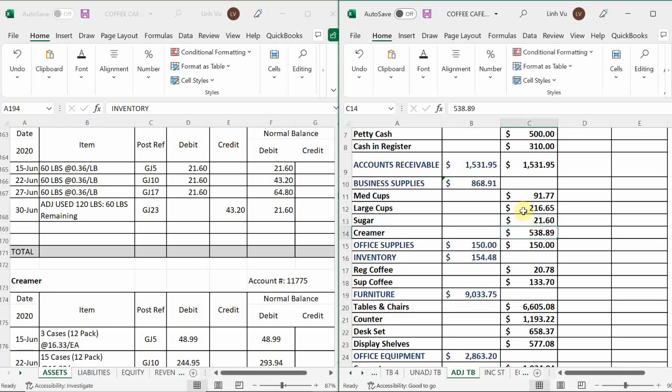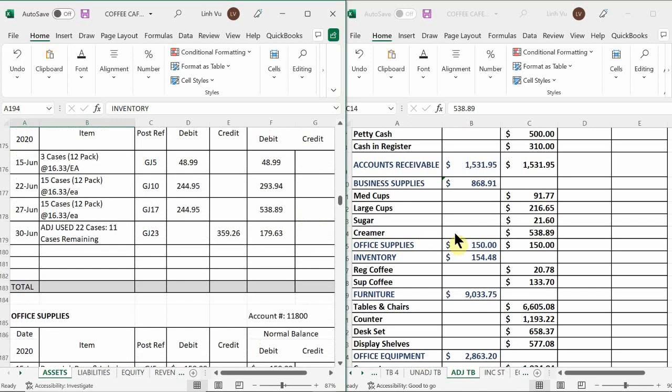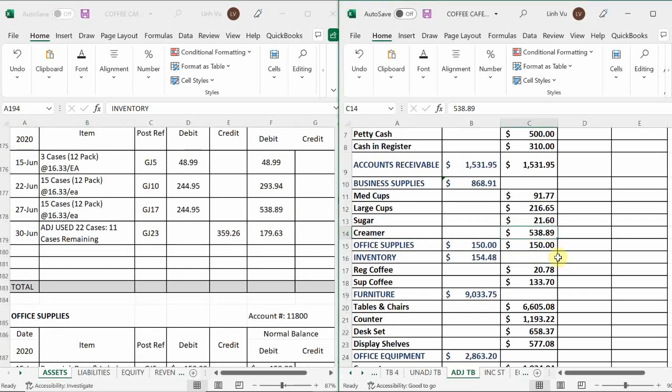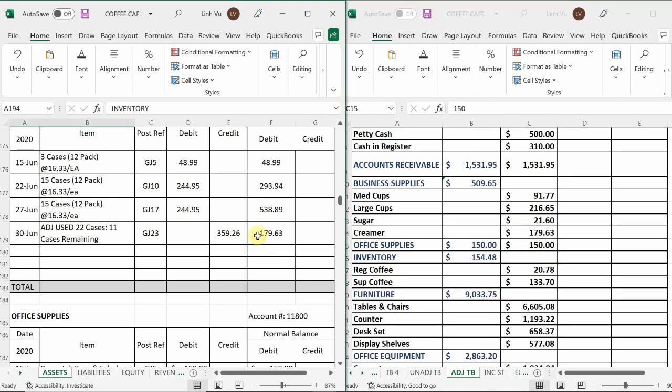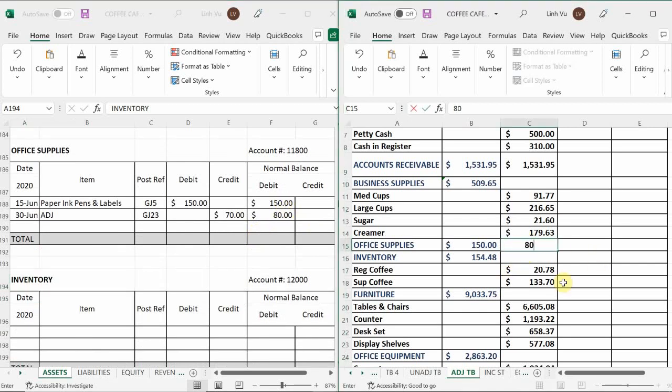And of course, my creamer, I only have $179.63 left. Okay. So those are some changes I made. I even adjusted my office supplies. I don't have 150 anymore. I have 80 left. Okay.